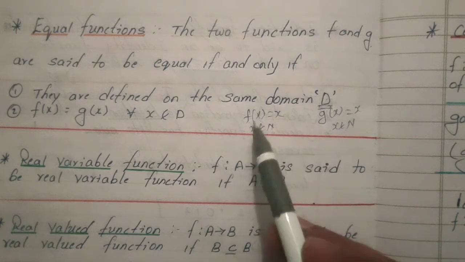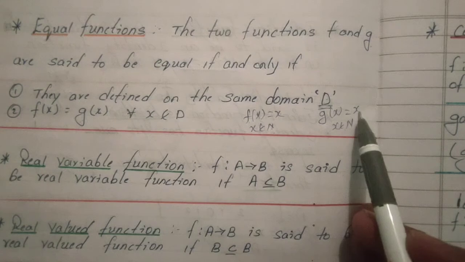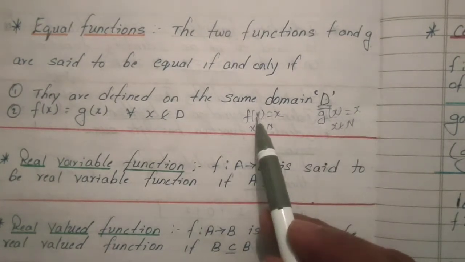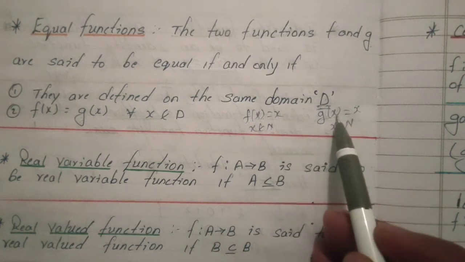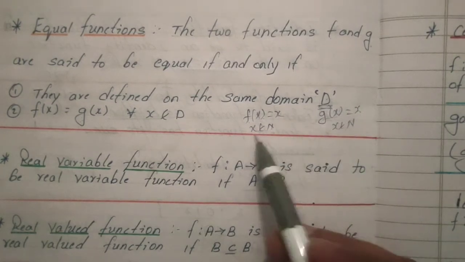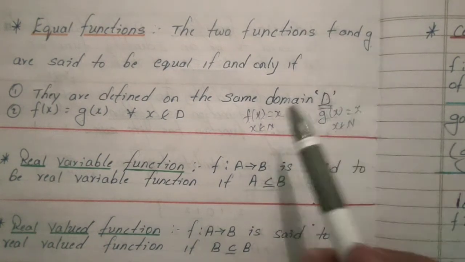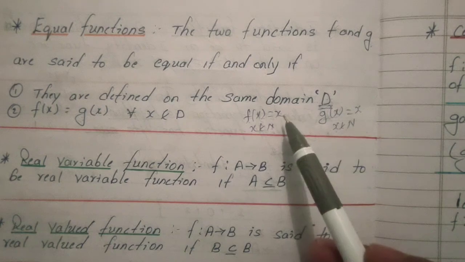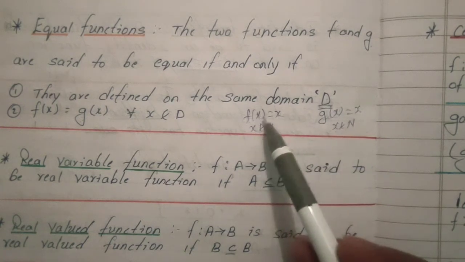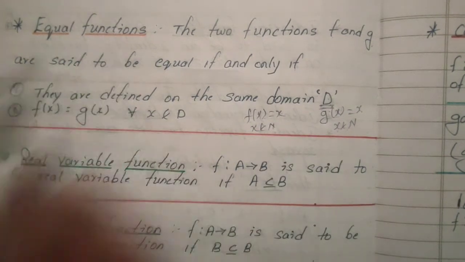Now if I take 1, I am getting 1. Here also 1, I am getting 1. So f of x and g of x will be the same. If I take 2, I am getting 2. In the g function also, if I take 2, I am getting 2. The domain should be the same for the two functions, and the range should also be the same for the same domain. Then the functions f and g are said to be equal functions.